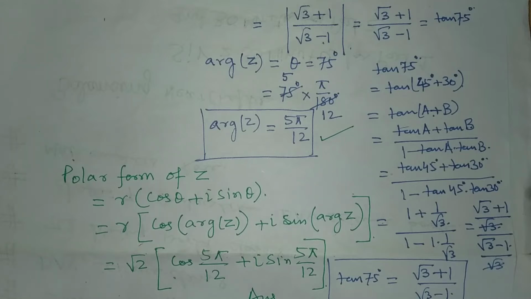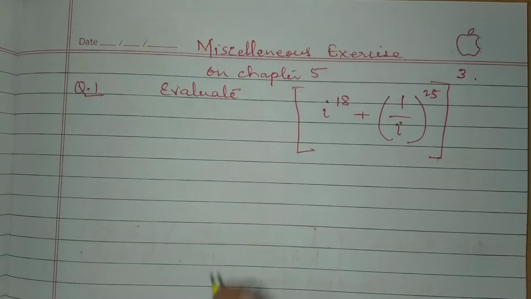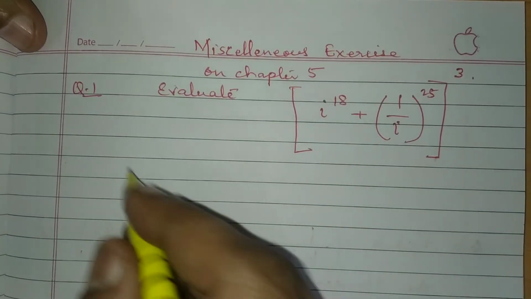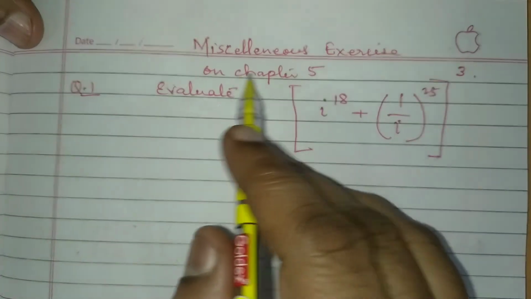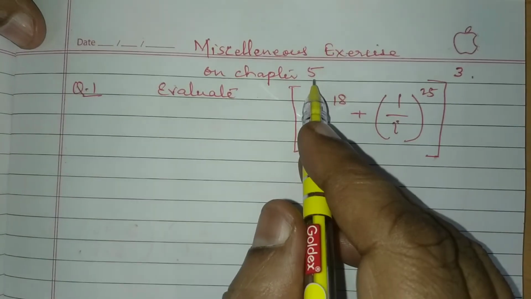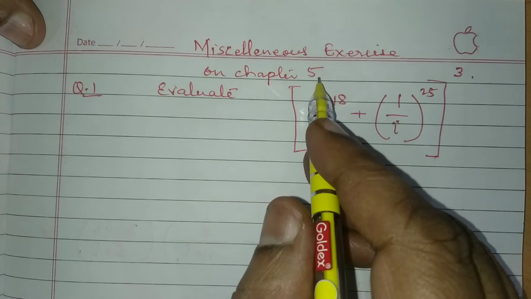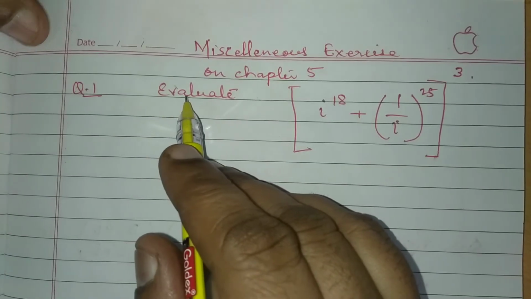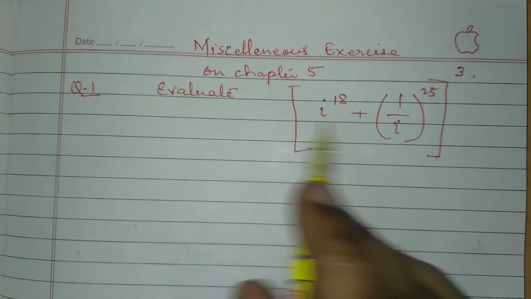Now we are coming to the next question, which is question number 1 of the miscellaneous exercise on chapter 5, which means complex numbers. The first question is to evaluate the value.